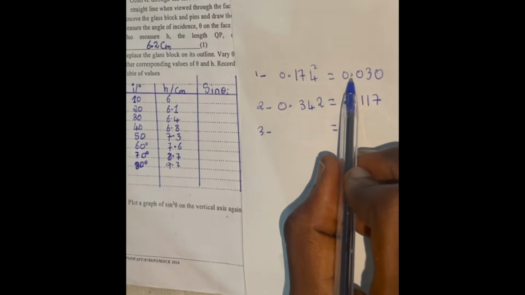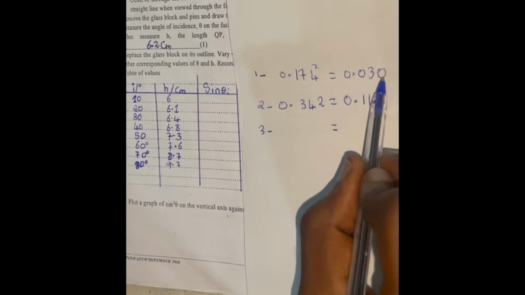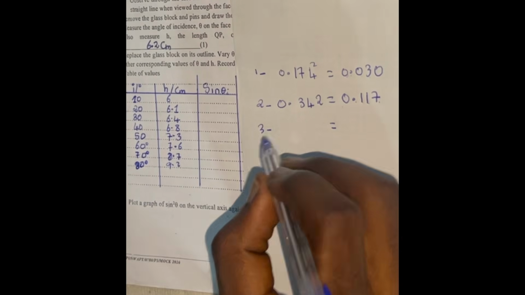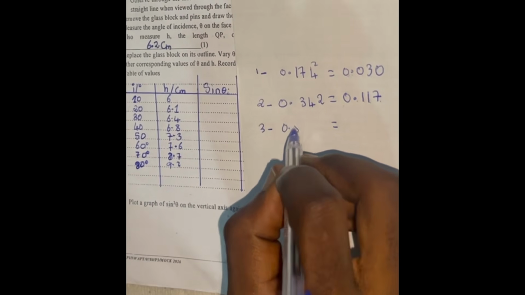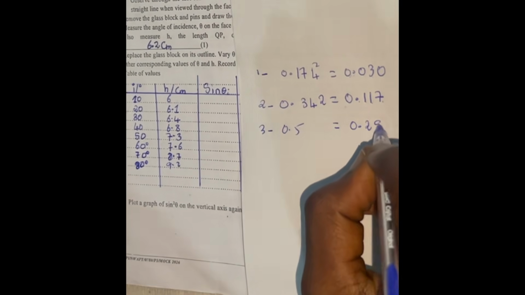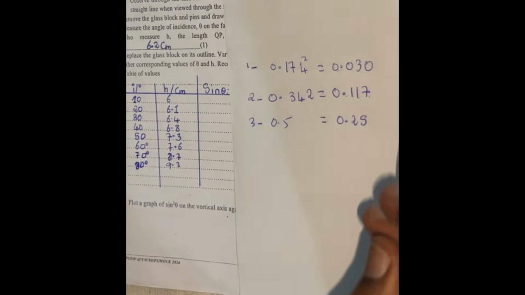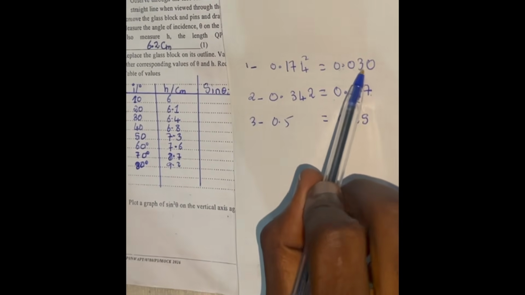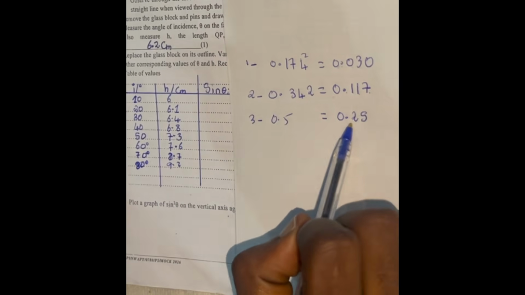You can see here 0.030, 0.117. Let us continue with sine 30. Sine 30 is how many? 0.5. When I square it, I will have 0.25. Now, you see that 0.030, 0.117, 0.25.